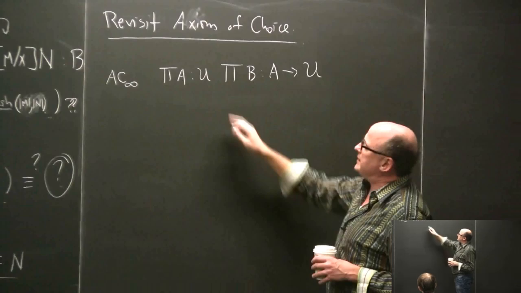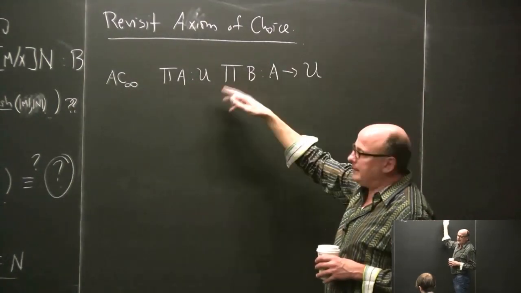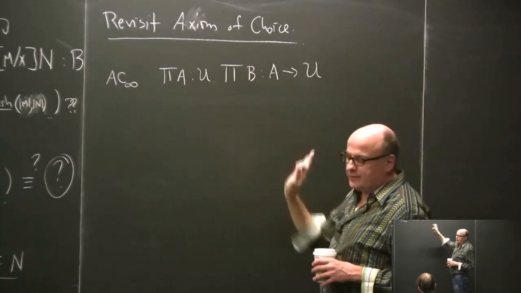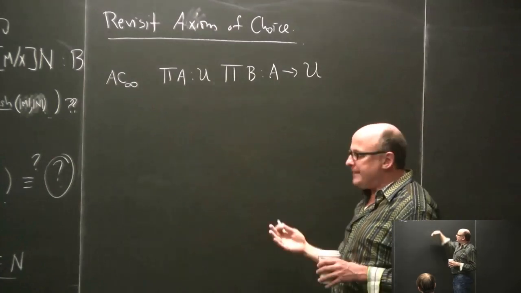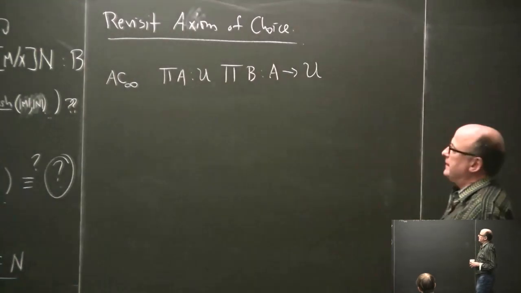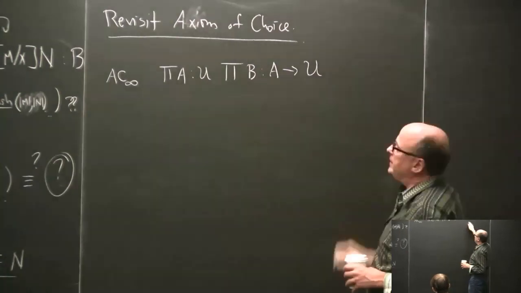If this were universe polymorphic, then there would be a floating level. By constraining it to U, I'm not trying to say it has to be a small type. I'm just saying it's any type, and this is universe polymorphic. So whatever level you're at of the universe hierarchy, this will apply. So there's no significant restriction on A and B.